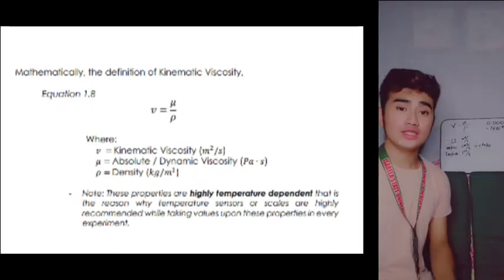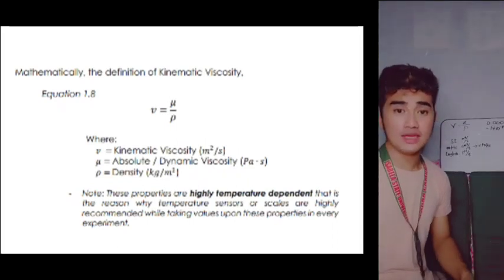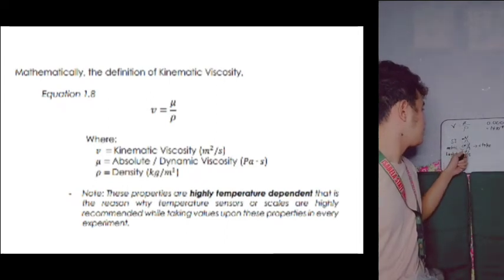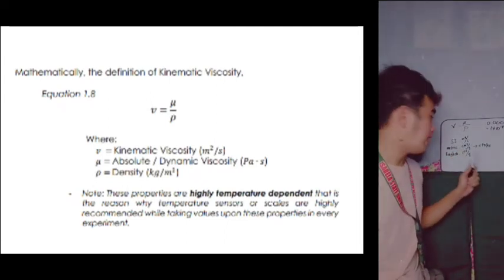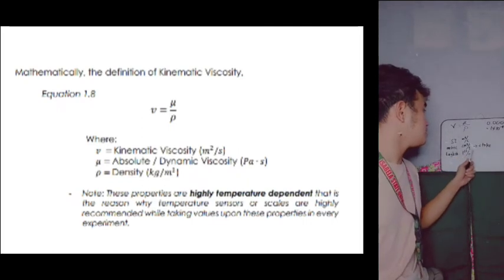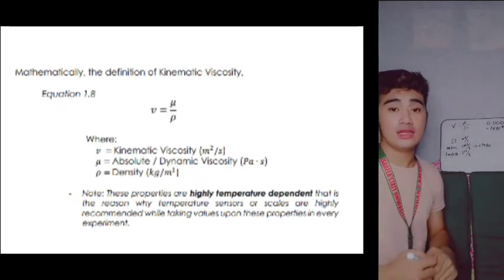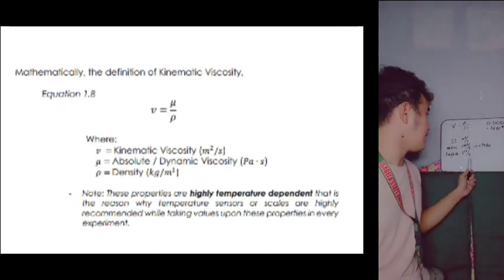So in units, or yung resulting units na gagamitin natin, for SI, we have here meter squared per second. Sa metric naman, square centimeter per second, or we call this as the Stoke. Sa English naman, it's the square feet per second.